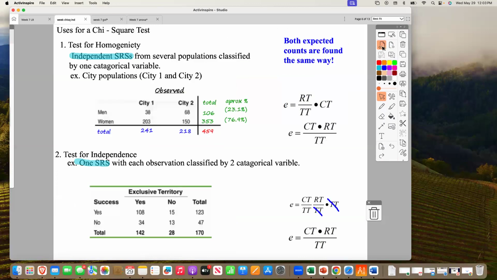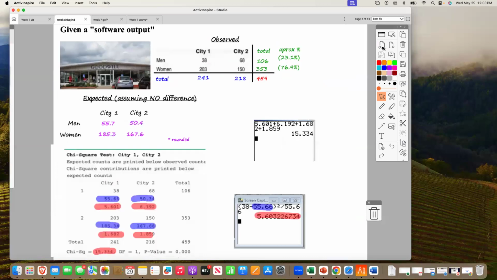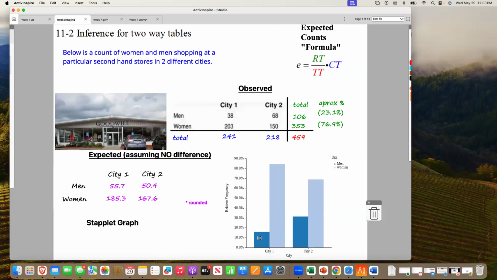And maybe if I look back here when we first took a look at that, I'm going all the way back, but you can see in city 1, we have probably about 15% men, whereas in city 2 we have slightly over 30%. So that would be the relationship. There's a higher percentage of men in city 2 shopping in these stores than women. And obviously the percentage of women is lower.